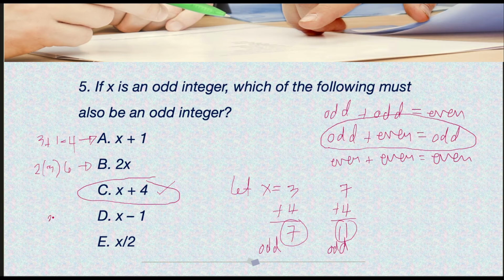So this is 3 minus 1, the answer is 2, not odd. Okay, and if we have 3/2, this is not an odd number. That is a rational number. So the correct answer here is letter C, because odd number plus even number, because 4 here is even, is an odd number. Okay, that's it.